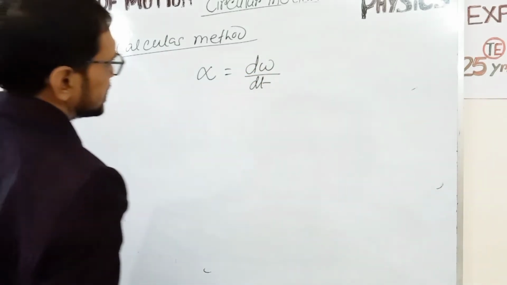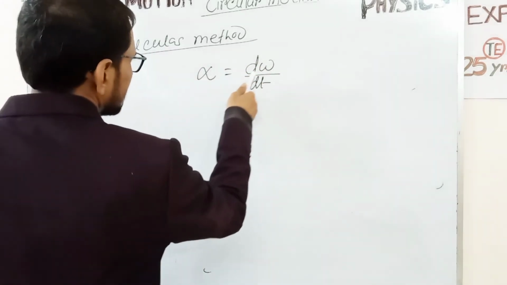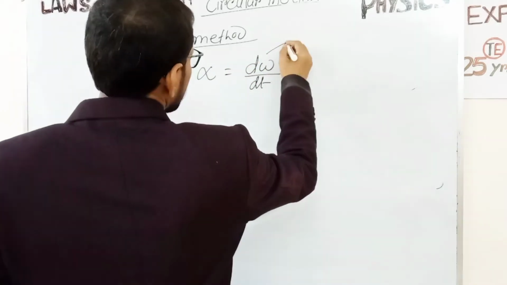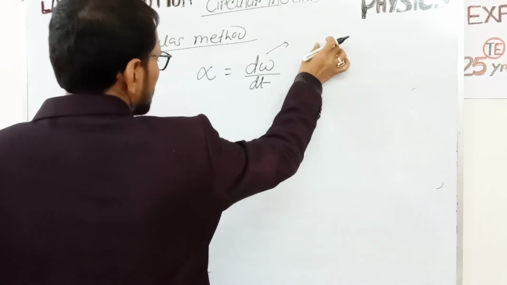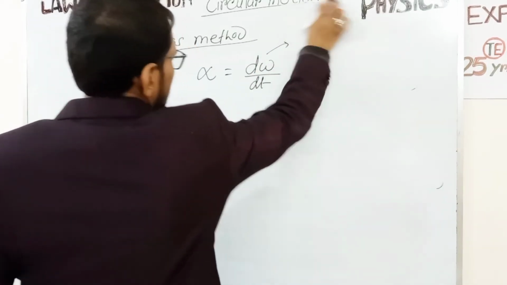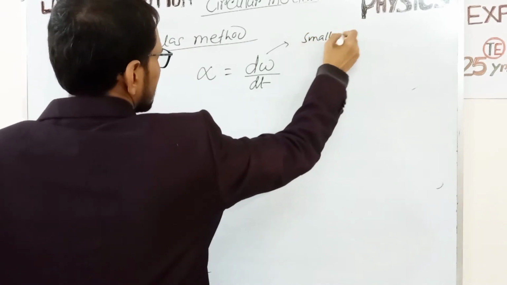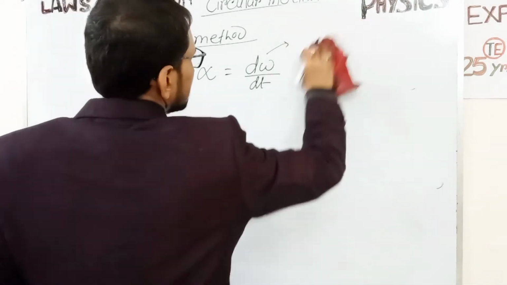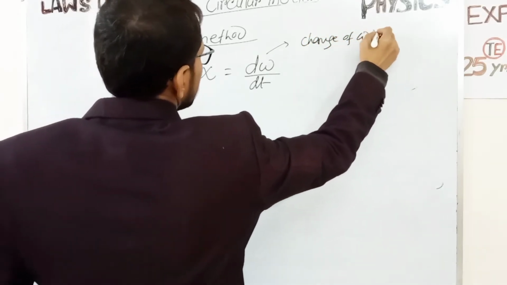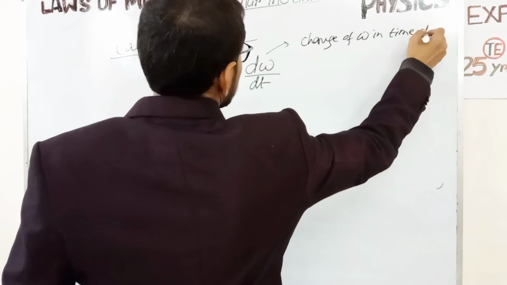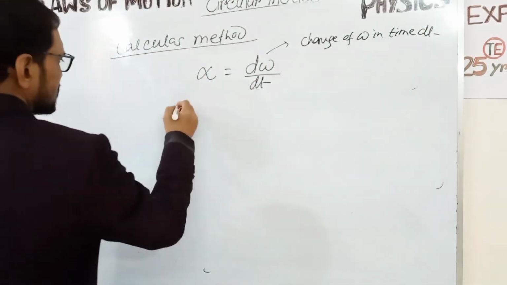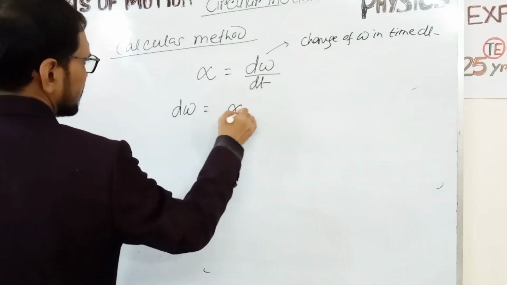Here d omega means a very small change of omega in time dt. So d omega by dt is defined as angular acceleration. Now d omega equals alpha into dt.